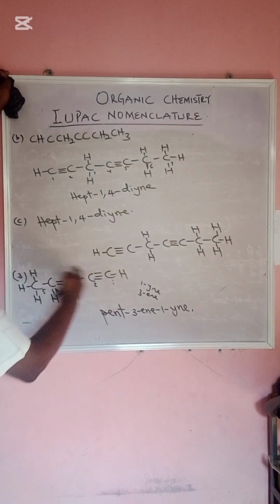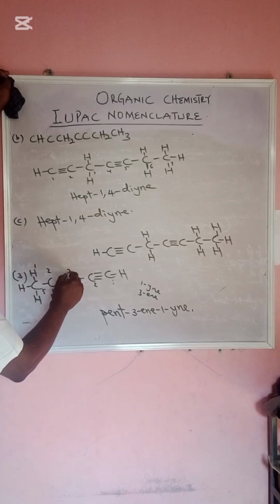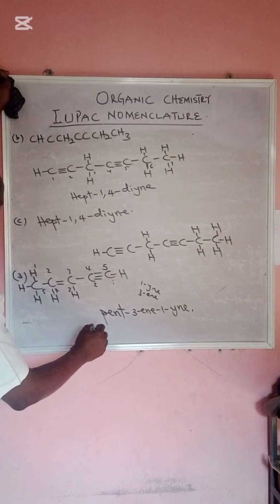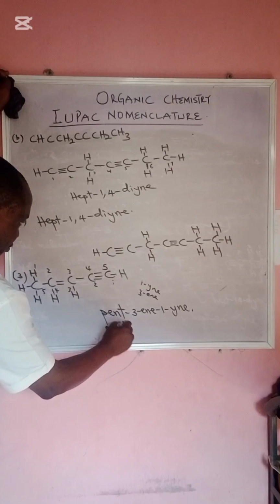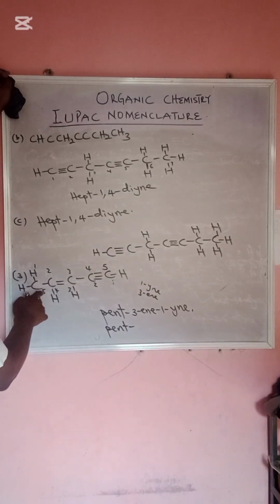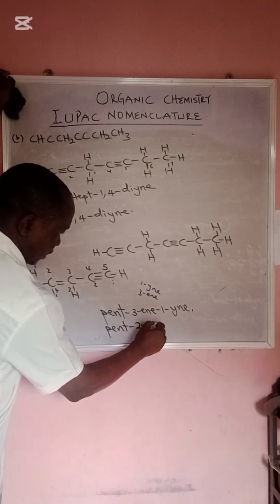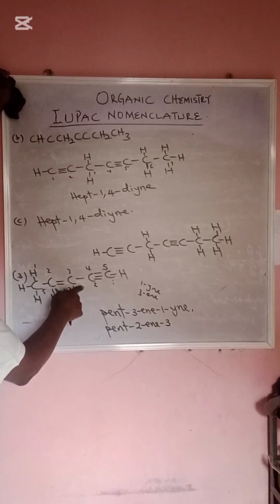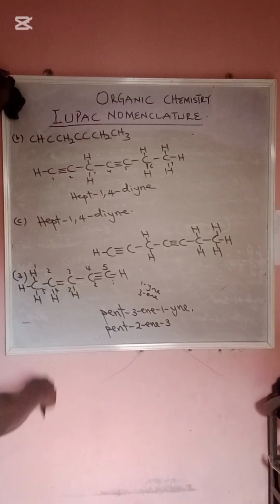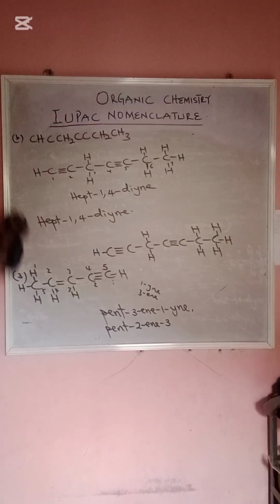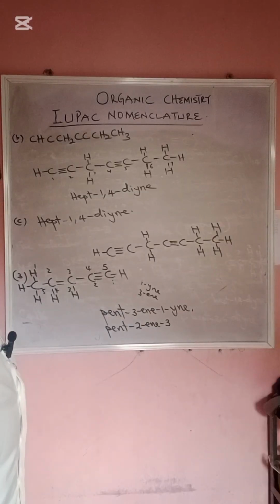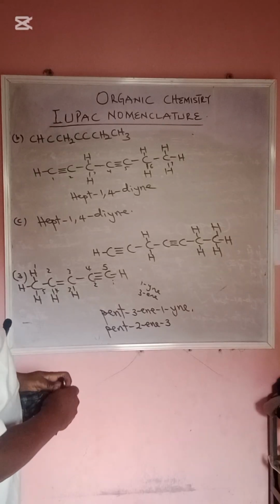1, 2, 3, 4, 5. This will be pent, the double bond is between 2 and 3, so we are going to take 2. Then the triple bond is between 4 and 5, so we are going to take 4.